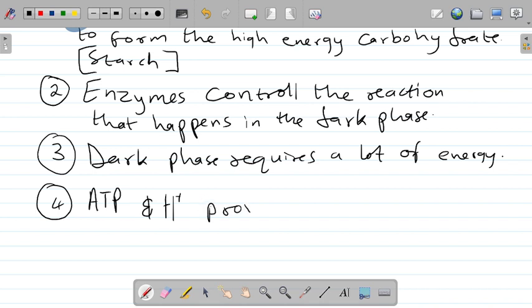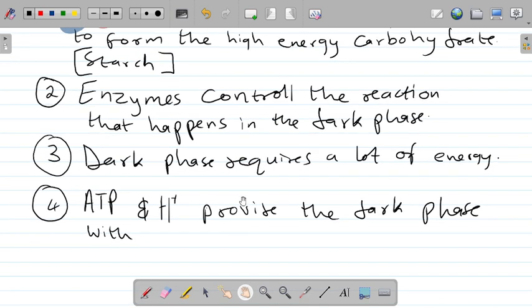They provide the dark phase reactions with the required energy for them to happen.